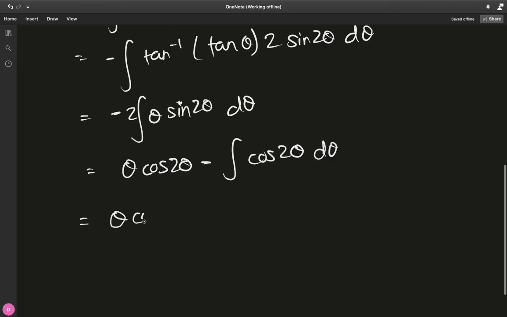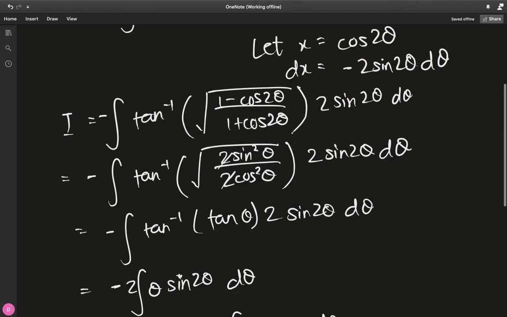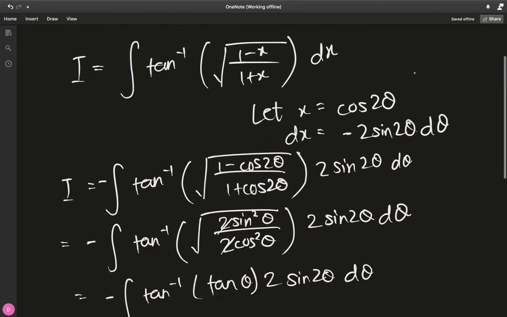We have theta times cosine of 2 theta minus, this will become sine 2 theta over 2 for the coefficient, and add c. Now back substitute everything. Theta was cosine inverse of x over 2, yeah, that was theta.